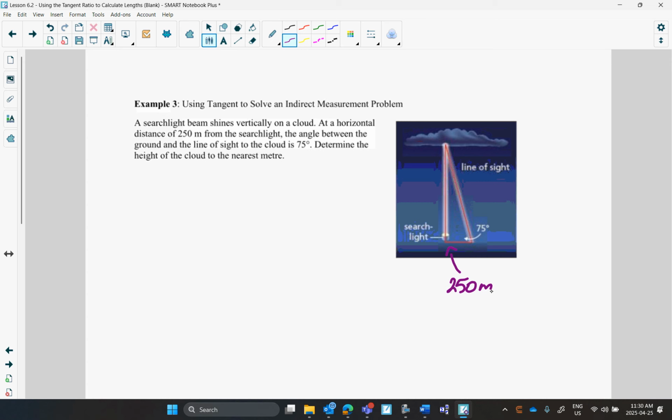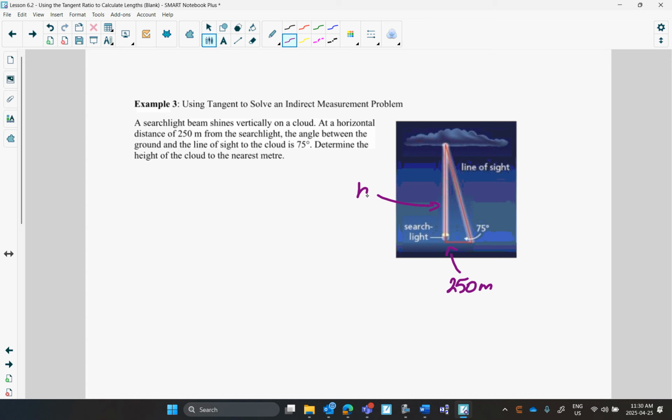So which one of these lengths am I finding? Which one represents the height of the cloud? The one that's vertical, right? That's what we're trying to find. And with these ones, we're using tan. Can anybody tell me the equation?